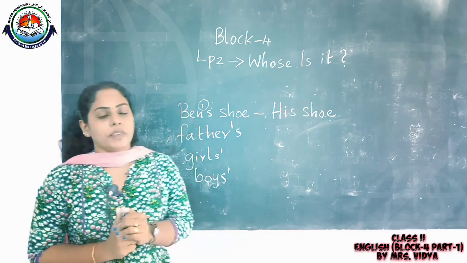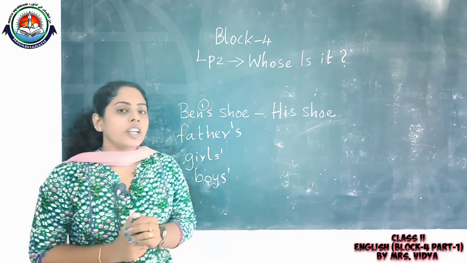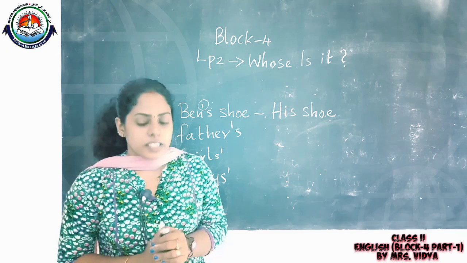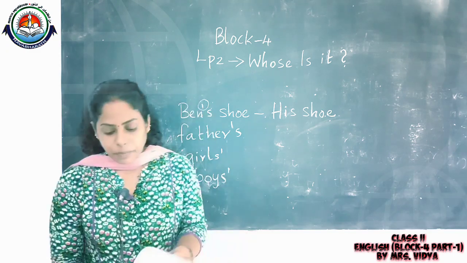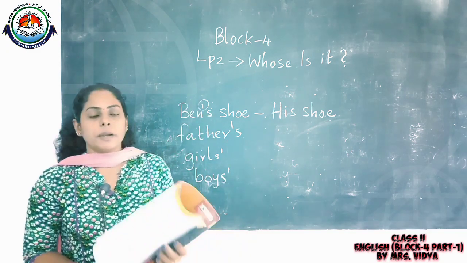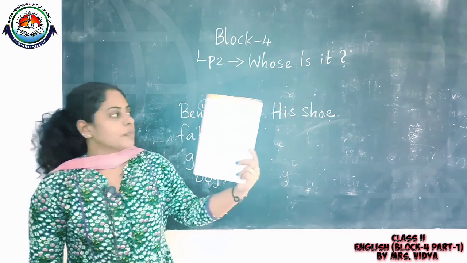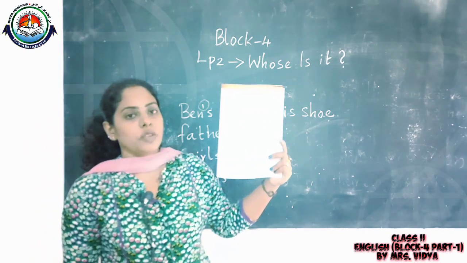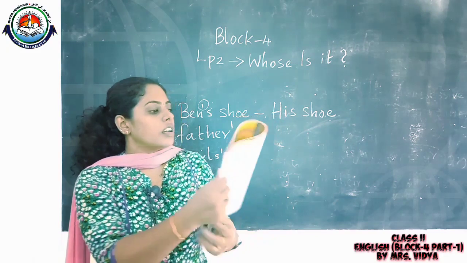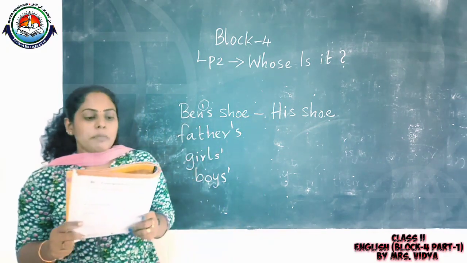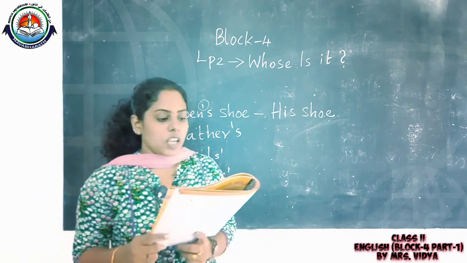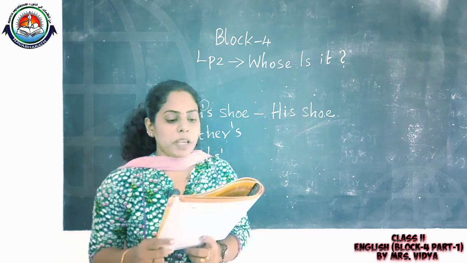Okay, fine. So you have a work in your workbook. Take your workbook, all of you, page number 27. You can see here, whose is it? You have to write the date first. First question, fill in the blanks with the correct word. This purse belongs to me.